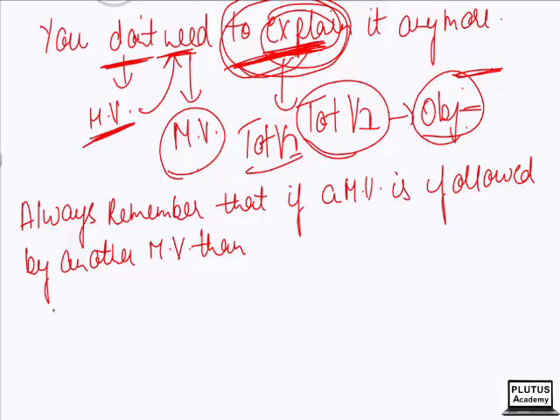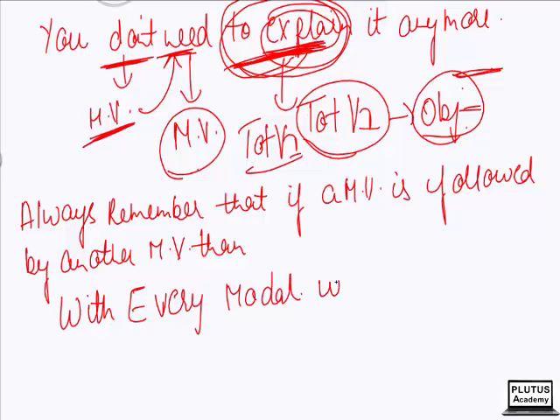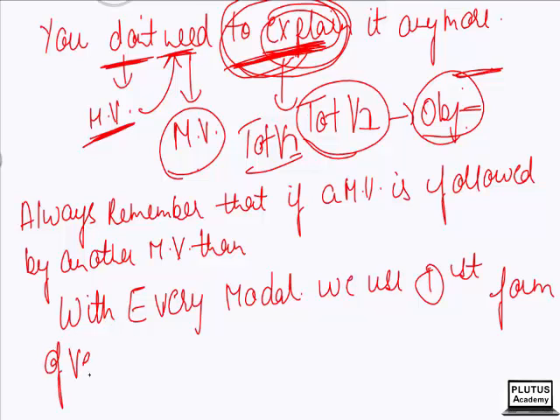And also, with every modal we use first form of verb. अगर किसी सेंटेंस में नीड मॉडल्स की तरह यूज होगा, दैट मीन्स हेल्पिंग वर्ब की तरह यूज होगा, देन वी हैव टू यूज फर्स्ट फॉर्म ऑफ वर्ब देयर.